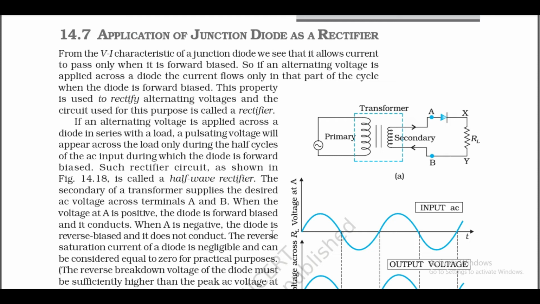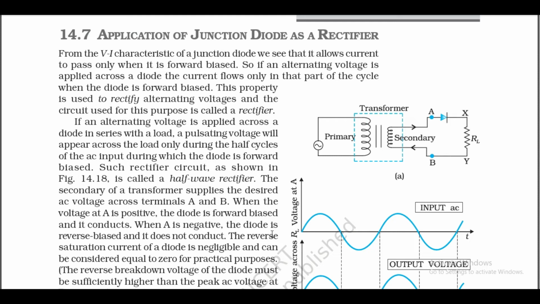If an alternating voltage is applied across a diode in series with a load, a pulsating voltage will appear across the load only during the half cycles of the AC input during which the diode is forward biased. Such a rectifier circuit, as shown in figure 14.18, is called a half-wave rectifier.